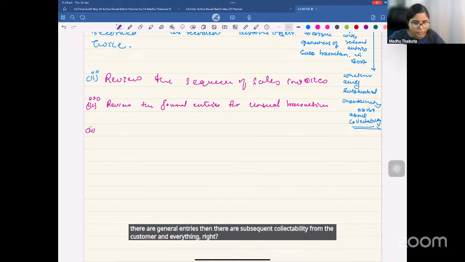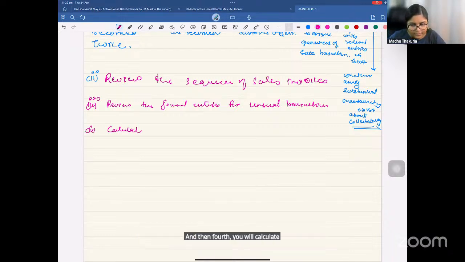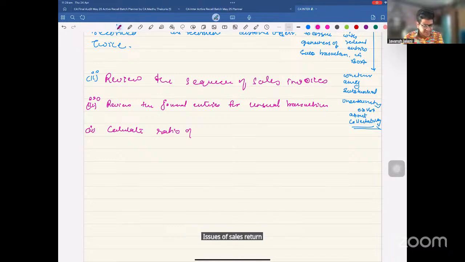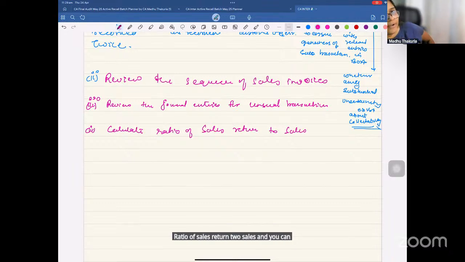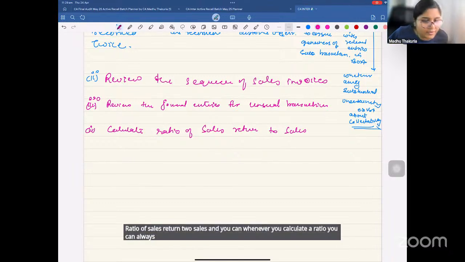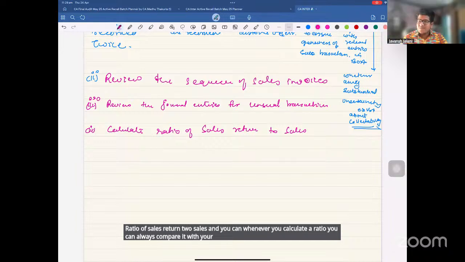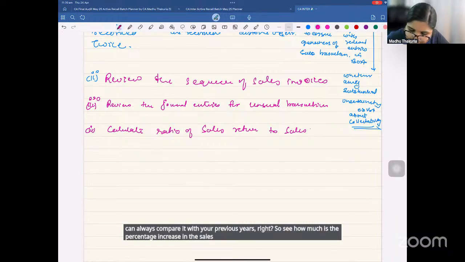And then fourth, you will calculate the ratio of sales return to sales. Whenever you calculate a ratio, you can always compare it with your previous years. See how much is the percentage increase in the sales return.